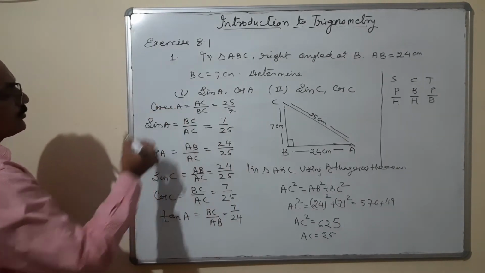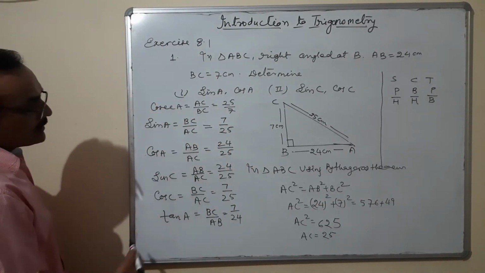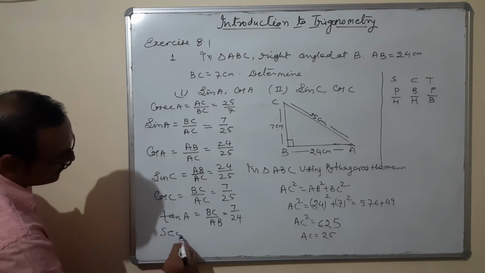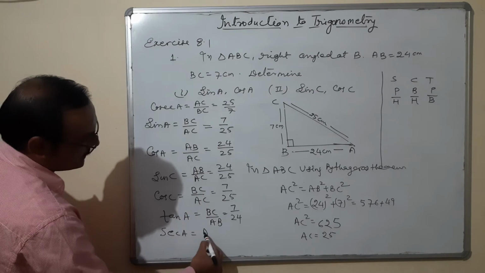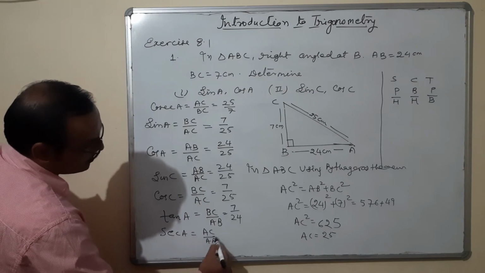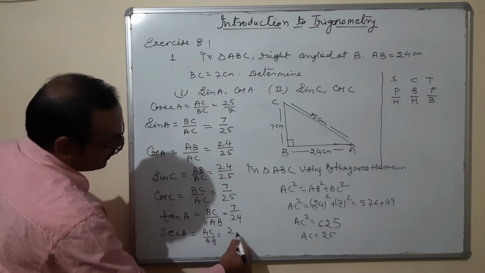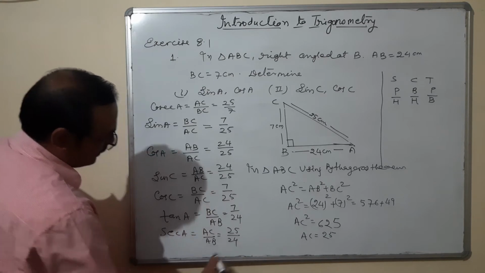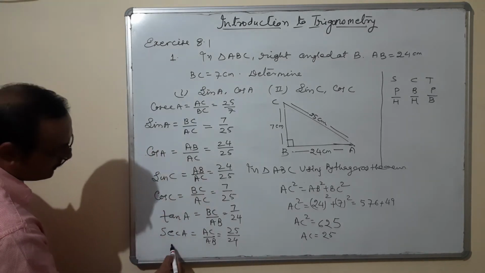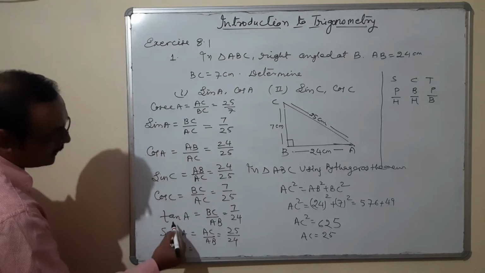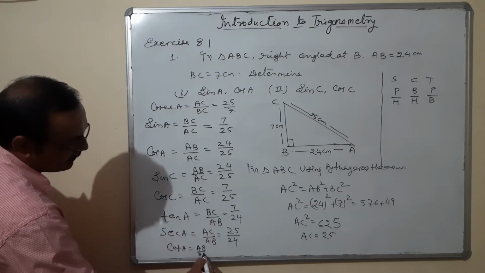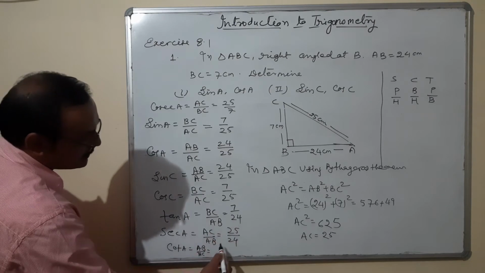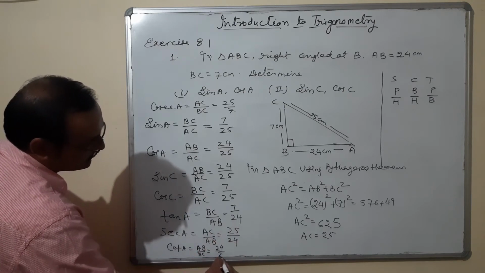Reciprocal of cos is sec A. If I want to find the value of sec A, cos A is AB upon AC, so sec A is AC upon AB, that is 25 upon 24. If you find the value of cot A, cot A is the reciprocal of tan A, AB upon BC. So it is 24 upon 7.